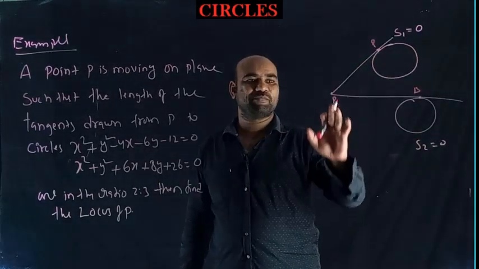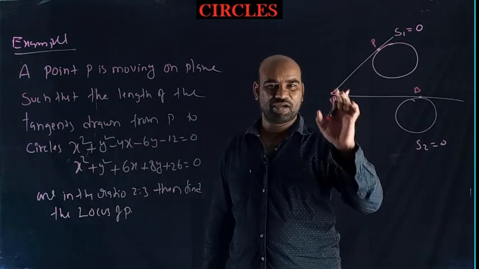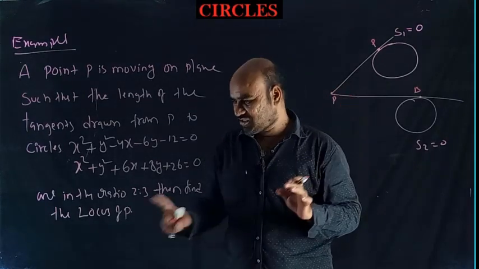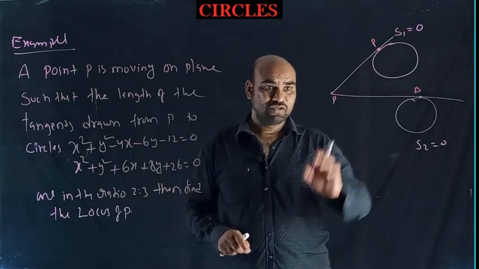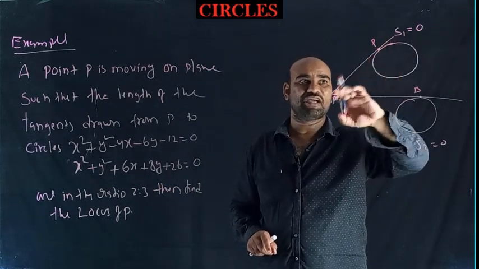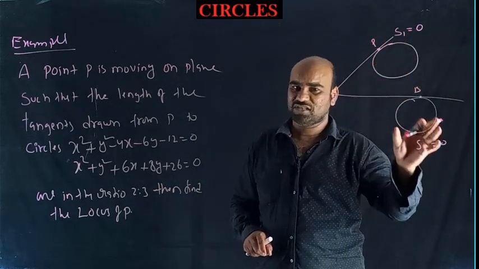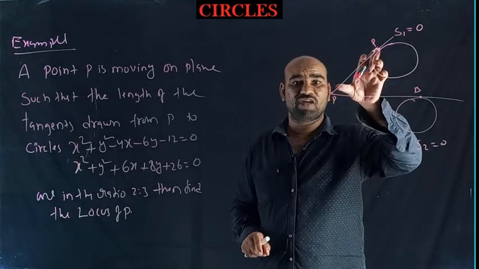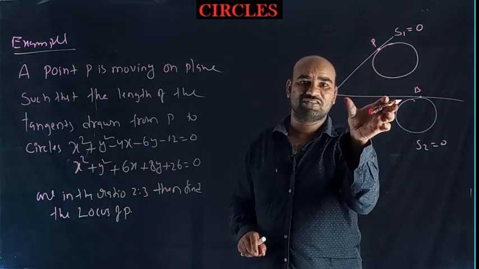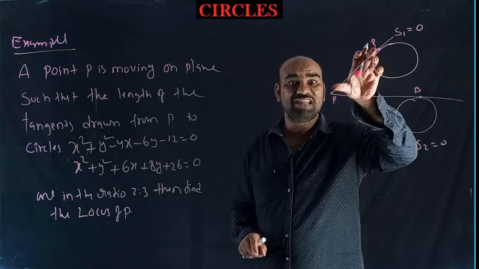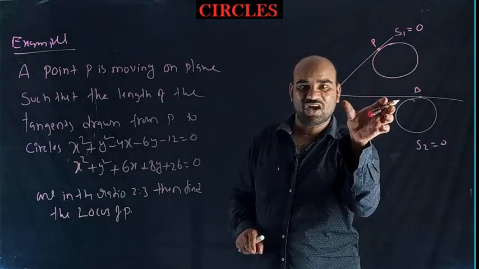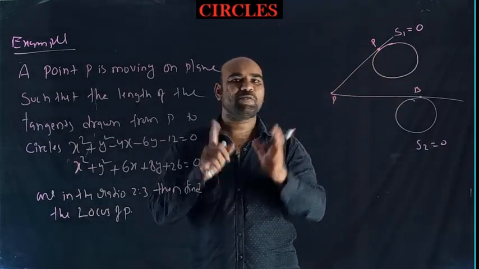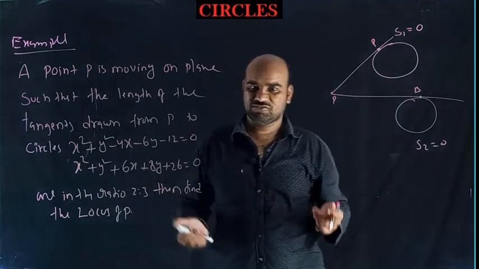On this plane, the variable point P is moving under a condition. The condition is through P you can draw two tangents to the first circle as well as two tangents to the second circle. So this length and this length are in the ratio 2:3, in such a way P is moving. Now we want to find its locus equation.